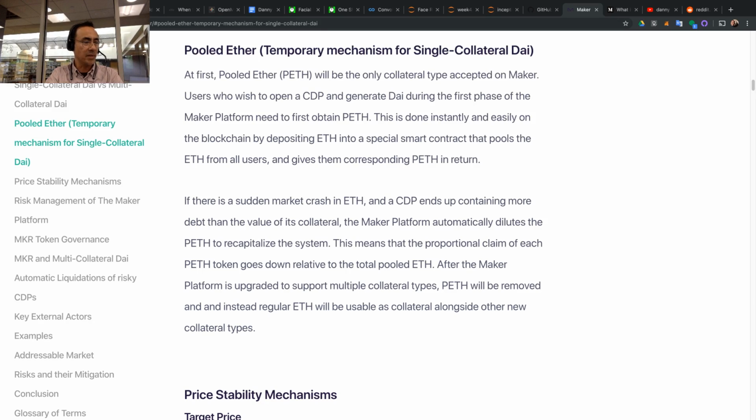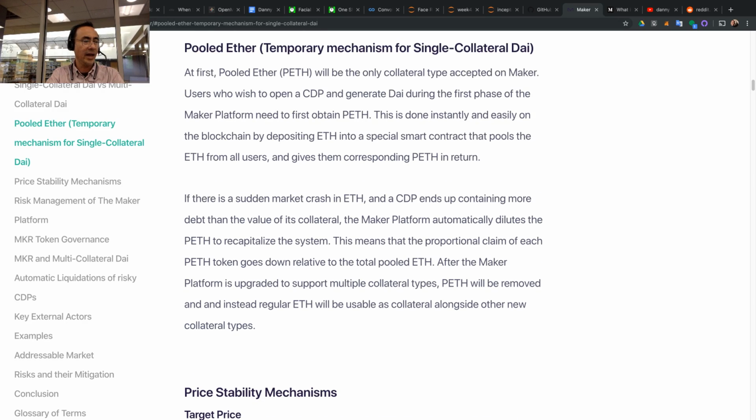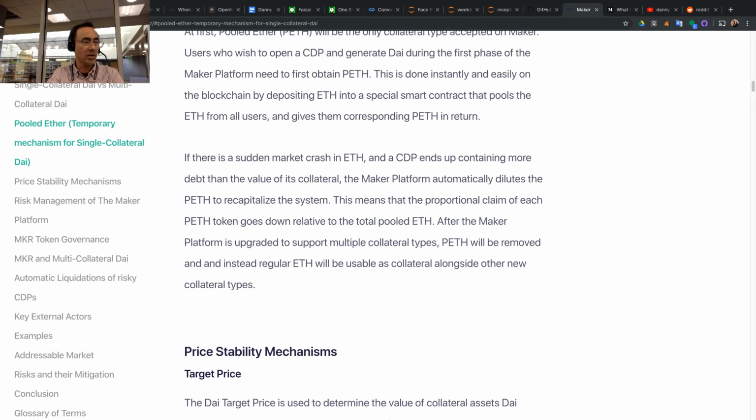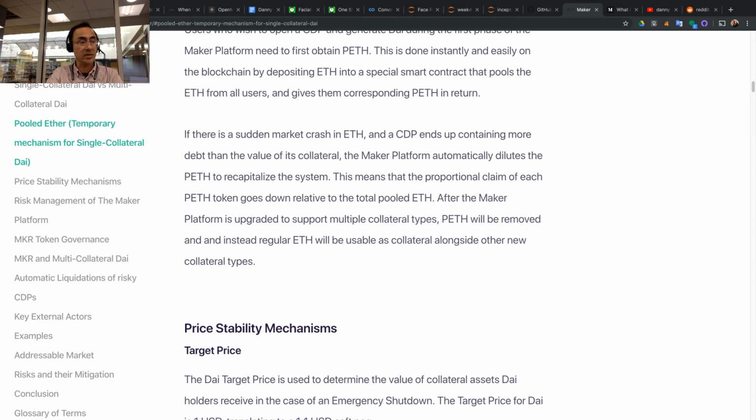If there is a sudden market crash in ETH and a CDP ends up containing more debt than the value of its collateral. For example, you put $100 worth of ETH into the CDP, right? And then it goes down like 90%.